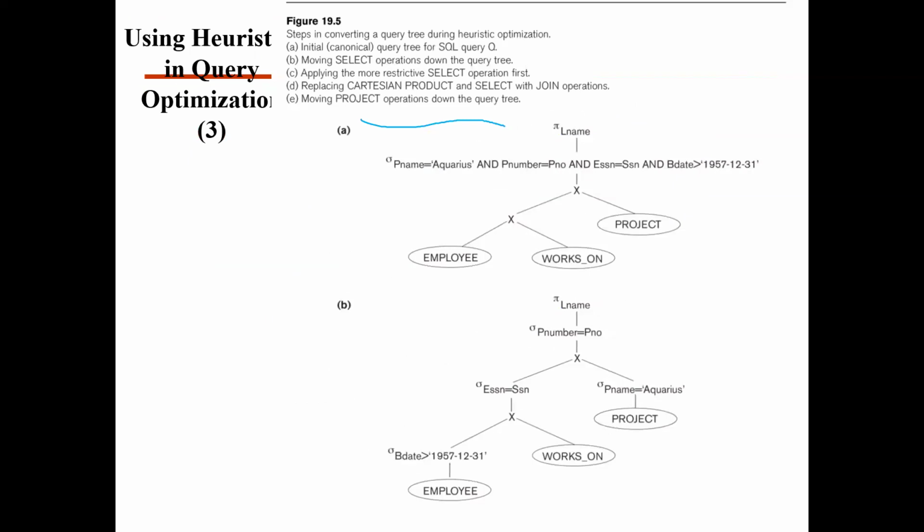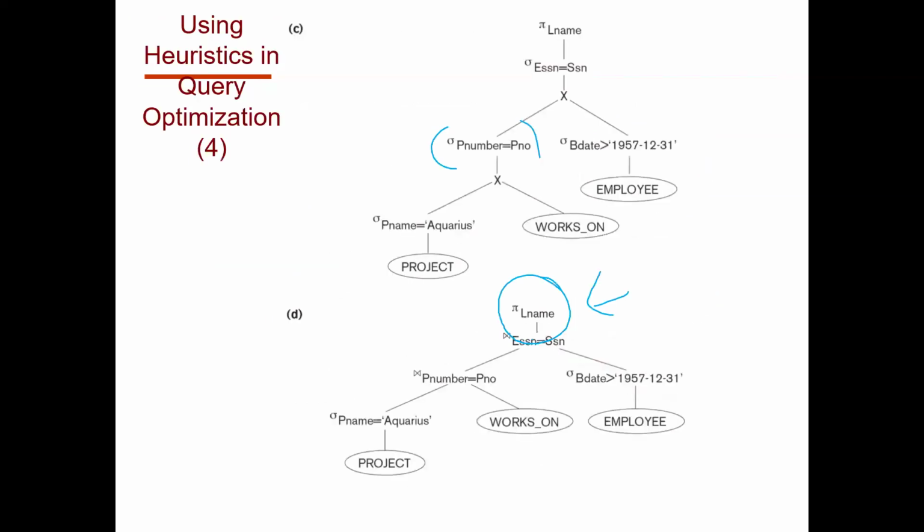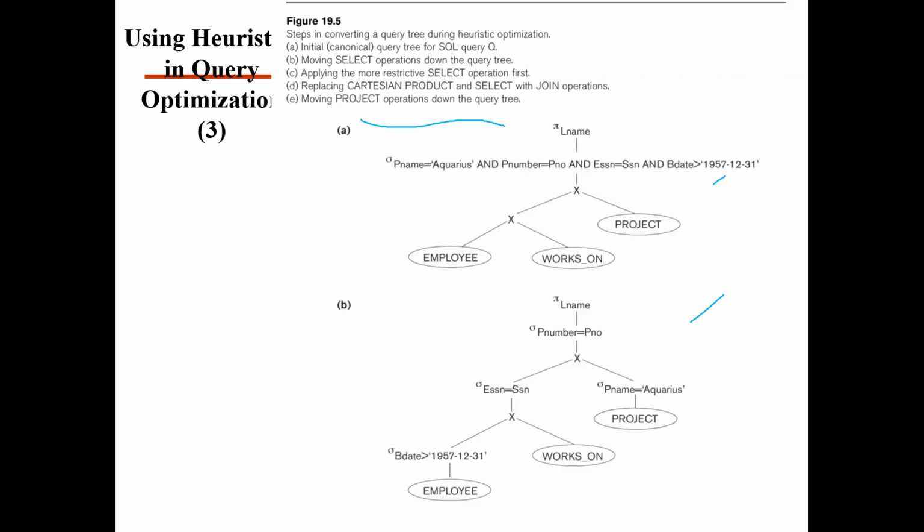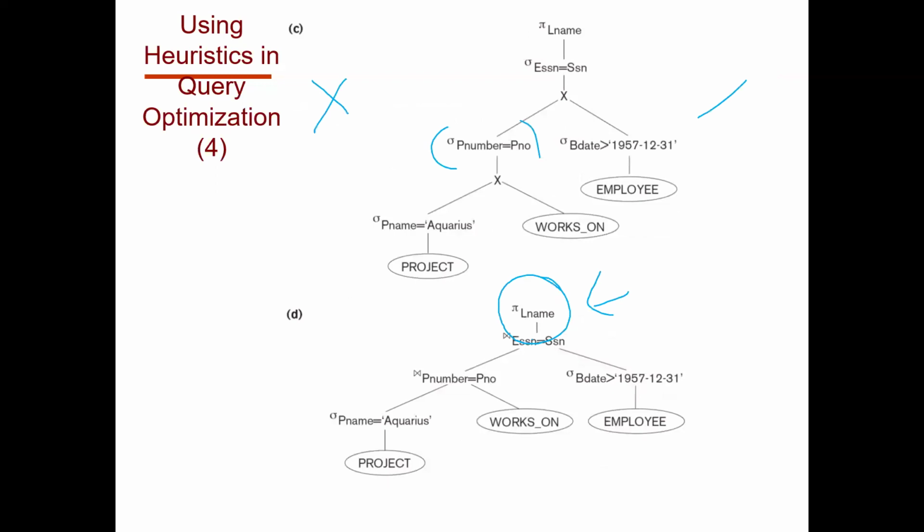Out of these five, the first, second, and third were drawn by using cross product. In the first one, all the predicates are written in the last but one root, and here they were divided. In the third one, we push down the select.